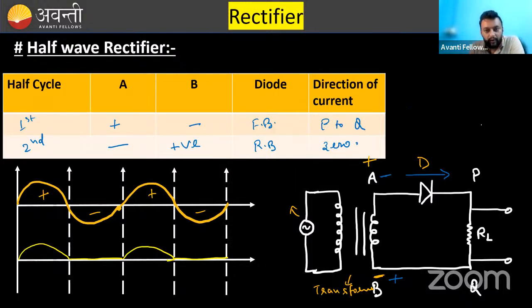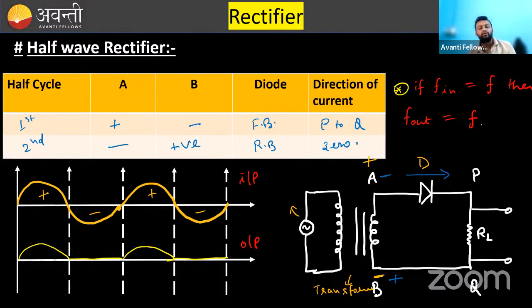Now, one more important thing that you should remember as a punchline, and that punchline is, this is our input signal, this is our output signal. If the frequency of input is f, then the frequency of output will also be f.